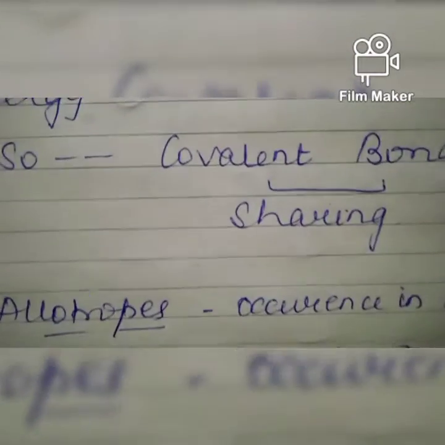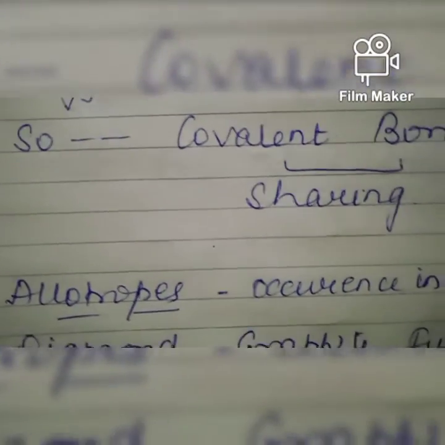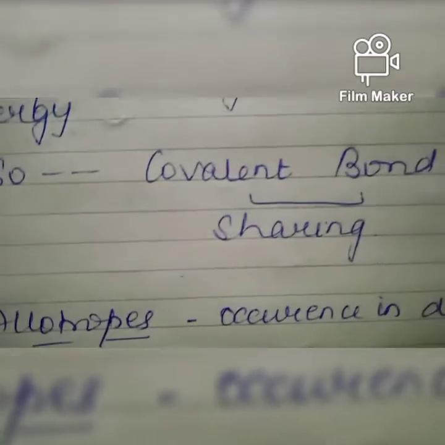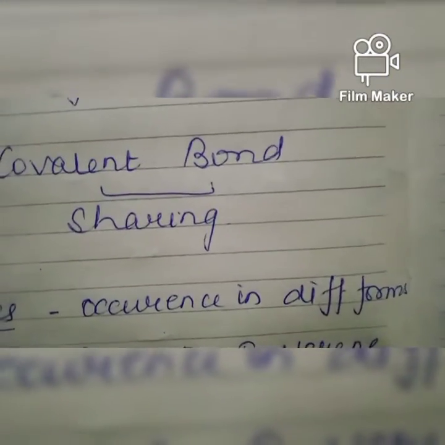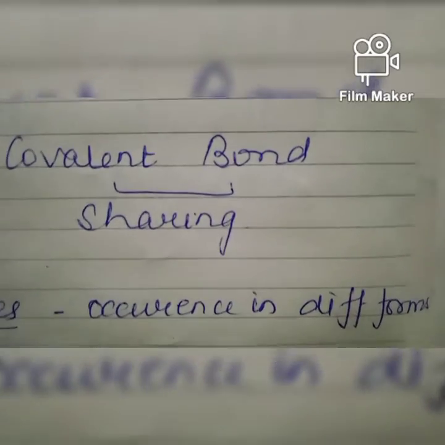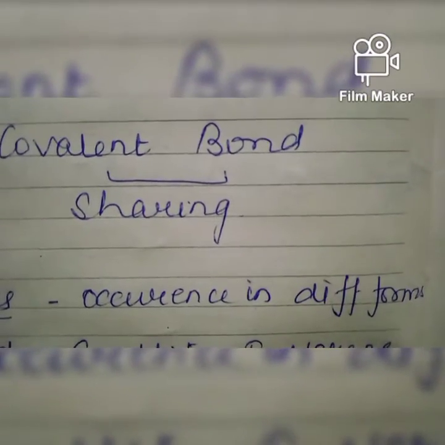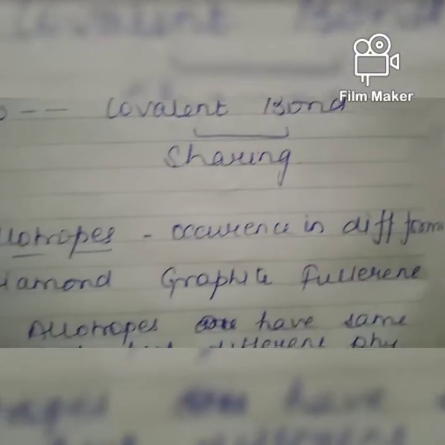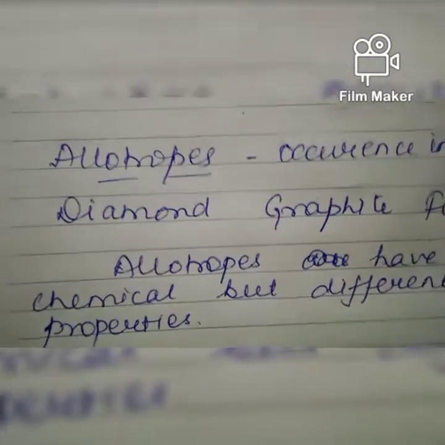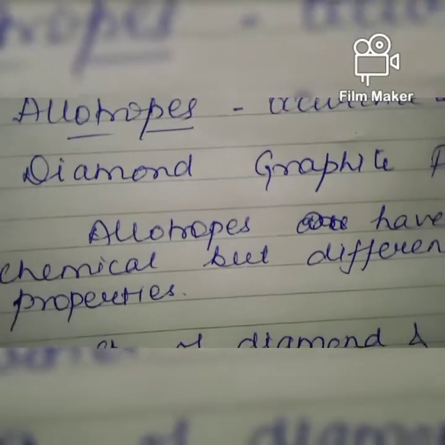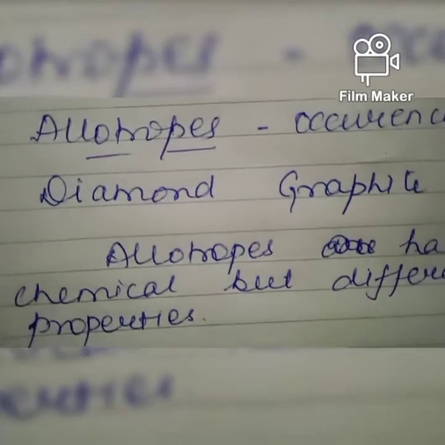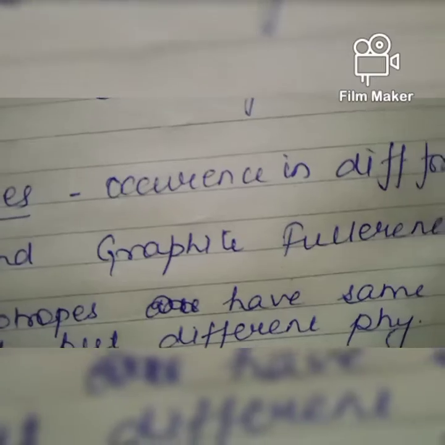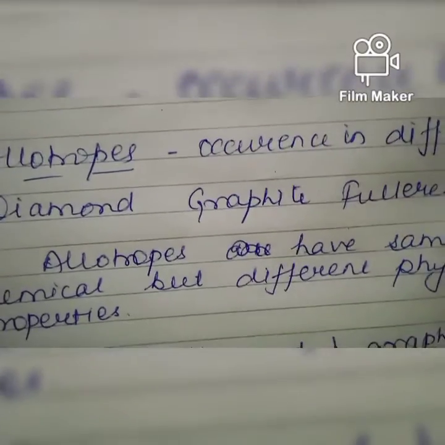Okay, so coming to the allotropes. Allotropes of carbon are the various forms of the same element which occur in different forms. They look different, their physical properties will be different, their chemical properties will be the same because it is the same material. If it is carbon, then chemically, however carbon reacts with something, diamond, graphite, fullerene, these are the 3 allotropes of carbon.